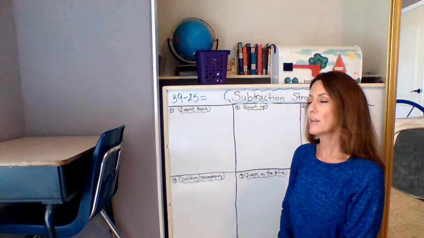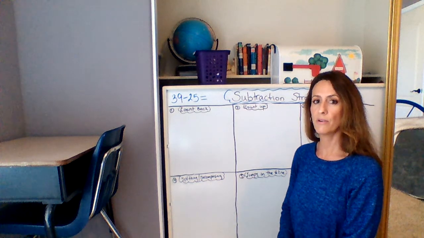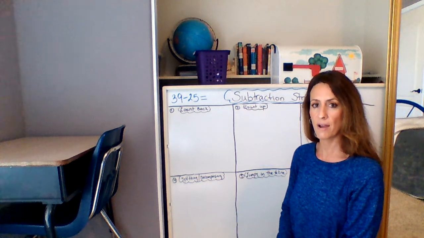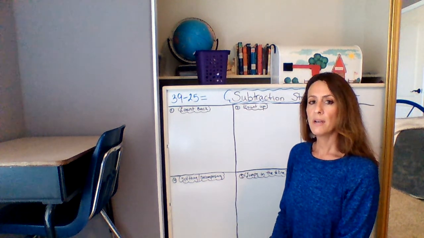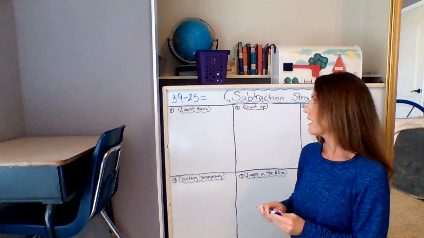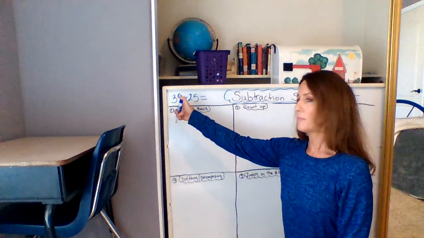Okay, so this strategy, I'm going to show you what it looks like doing 39 minus 25. So 39 minus 25, you would have 39 objects.